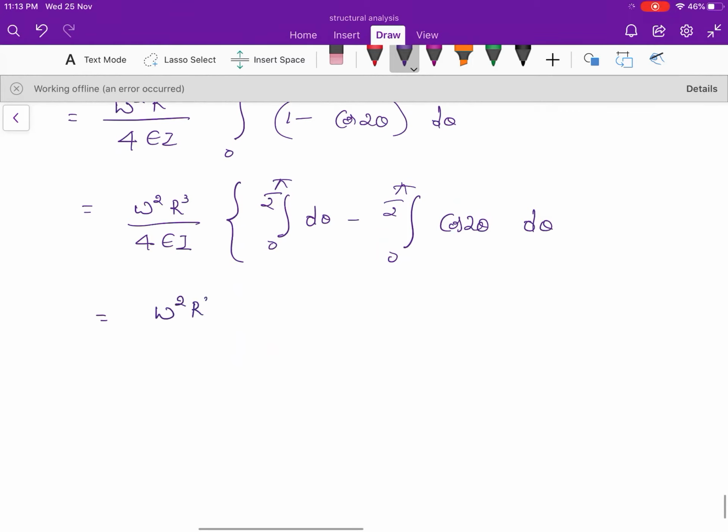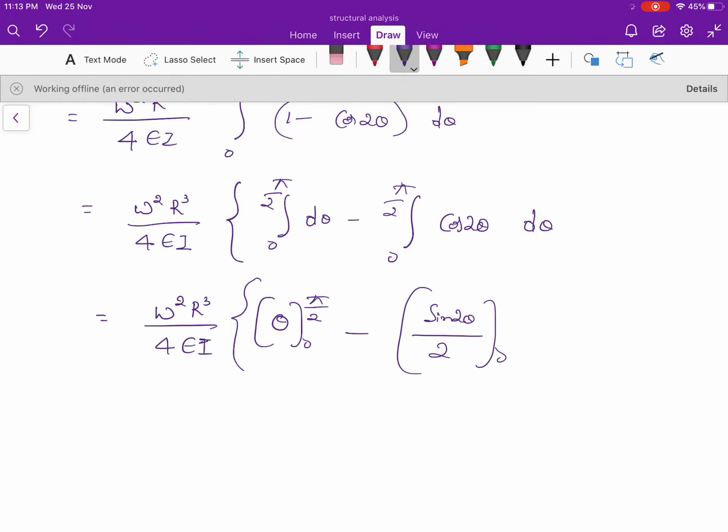W square r cube divided by 4 EI, where d theta is taken in terms of theta, which varies from 0 to pi by 2, minus the integral of cos 2 theta, which is sine 2 theta by 2, varying from 0 to pi by 2.